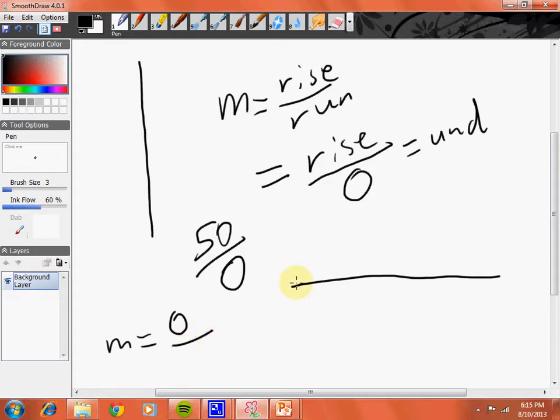But it does do a lot of running. It goes sideways. So we're just going to leave that as run. So that would equal 0 because 0 over anything is just 0. So if you cannot remember that the vertical line has a slope of undefined, and the horizontal line has a slope of 0, just think of rise over run. And that hopefully helps you out.